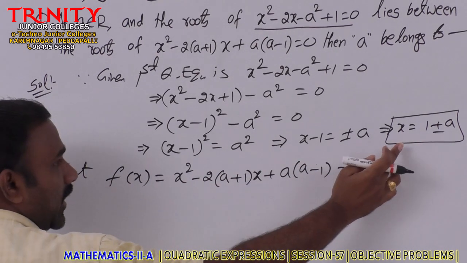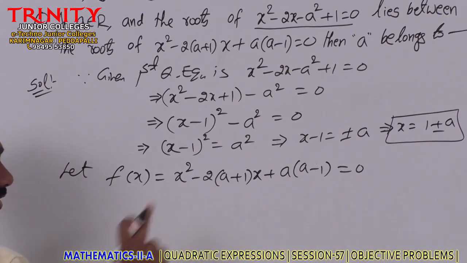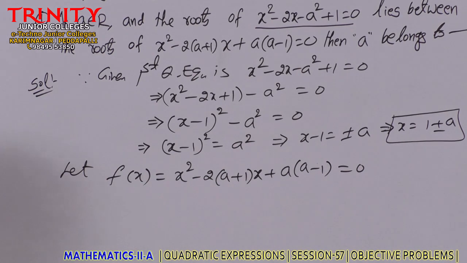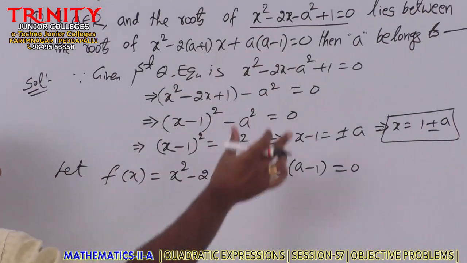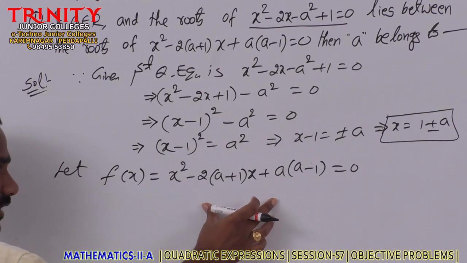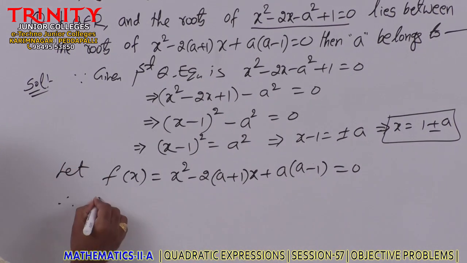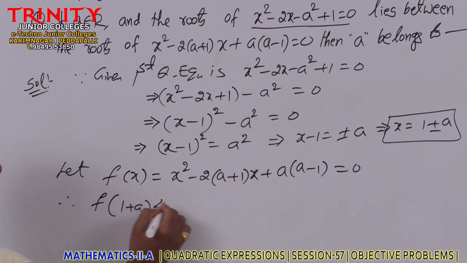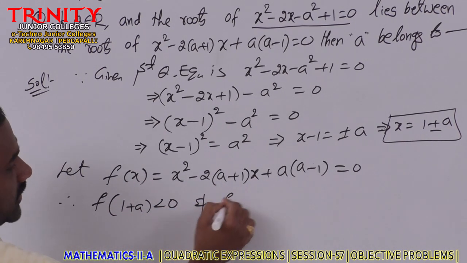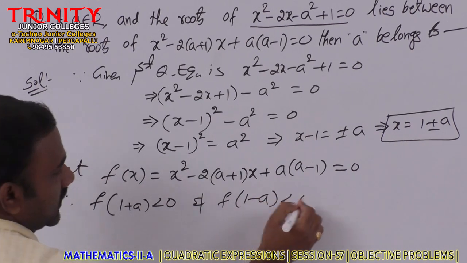Now, x is equal to 1 plus a is one root, x is equal to 1 minus a is the other root. Therefore, f of 1 plus a less than 0 and f of 1 minus a less than 0.